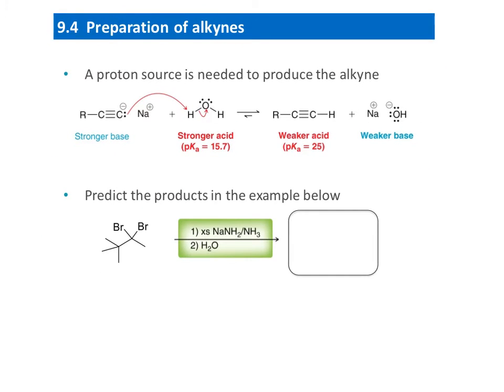Now on the arrow, as I said, most of the time we are going to see XS, which means excess reagent. So we have excess sodium amide, and so we have beta protons here.